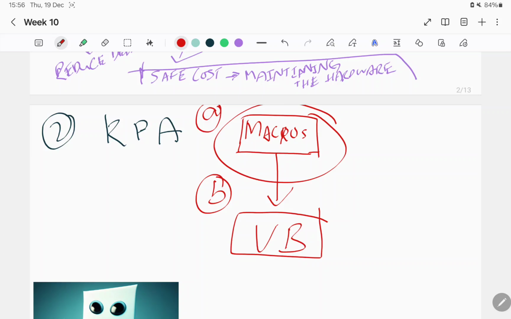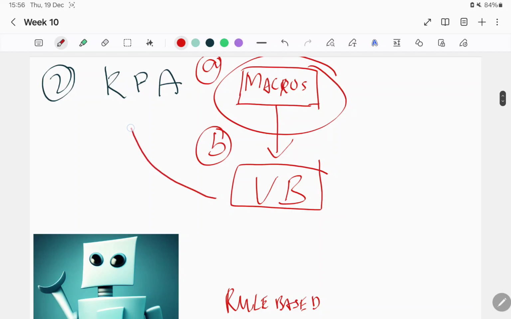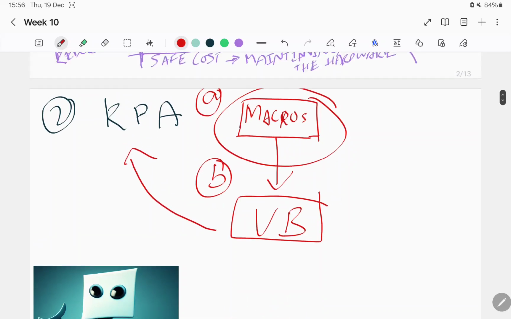So you can see that it changed from macros, which is single within the system, to connecting more functions. Then we only come into robotic process automation. What is VB again? Visual Basic is a platform for you to create software to link different systems.